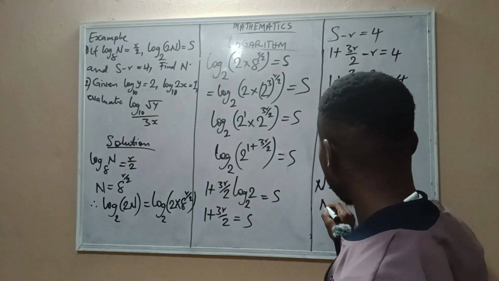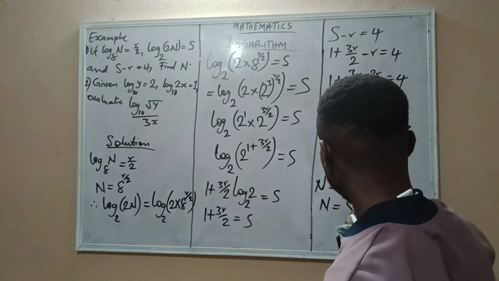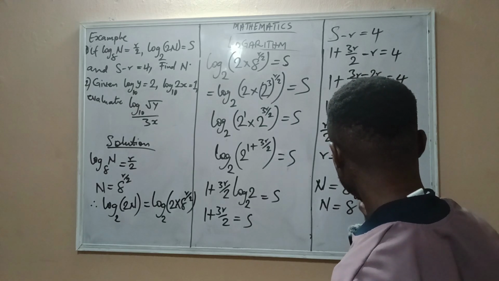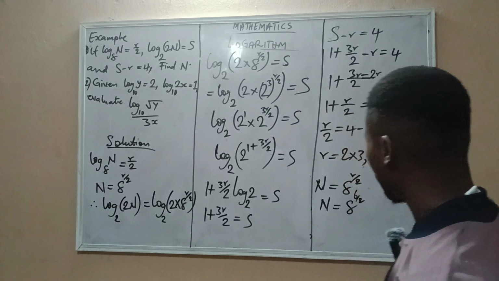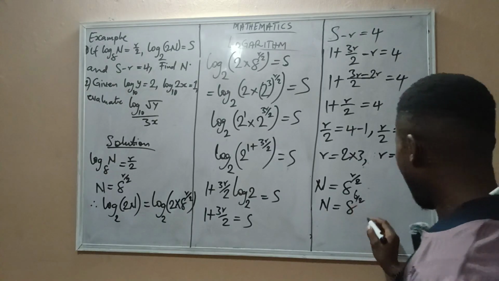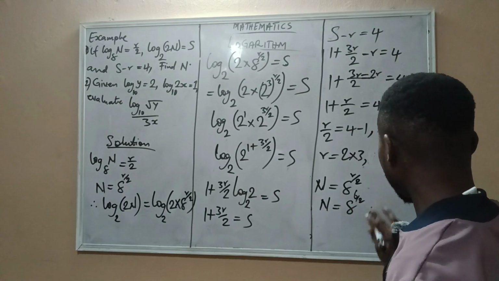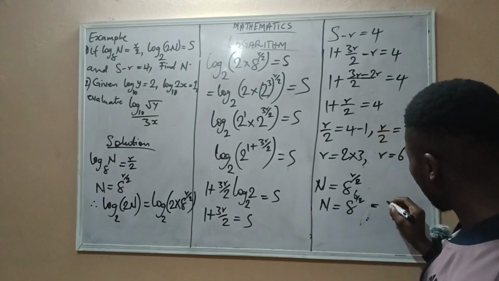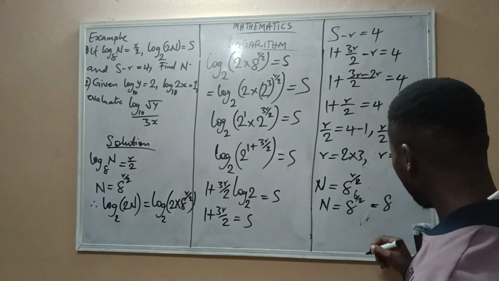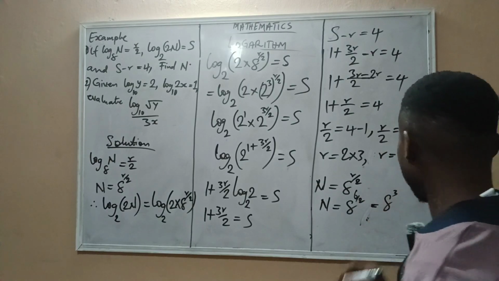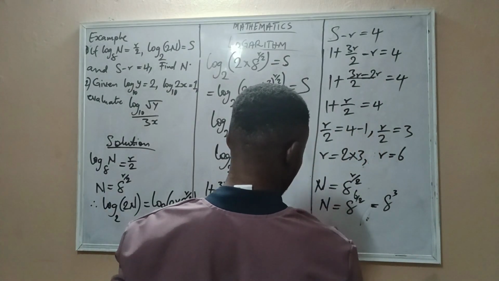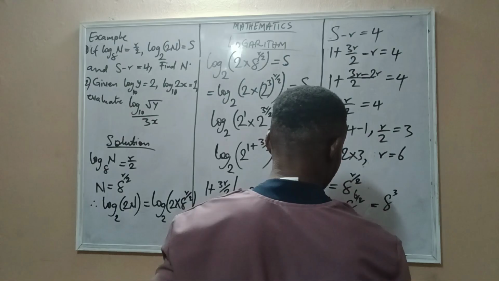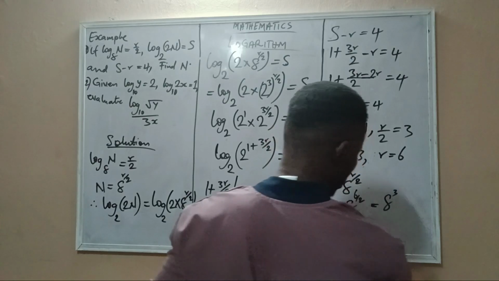This implies that n equals 8 to the power of 6 over 2, which is 8 to the power of 3. And n is equal to 512.